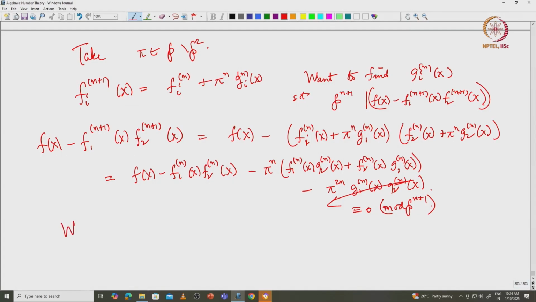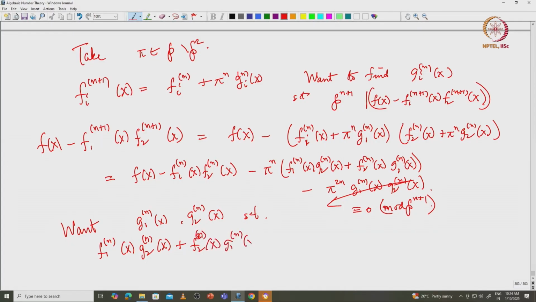So, we want g1 n x g2 n x such that f1 n x g2 n x plus f2 n x g1 n x is congruent to 0 modulo p, because there is already a pi to the n in here.